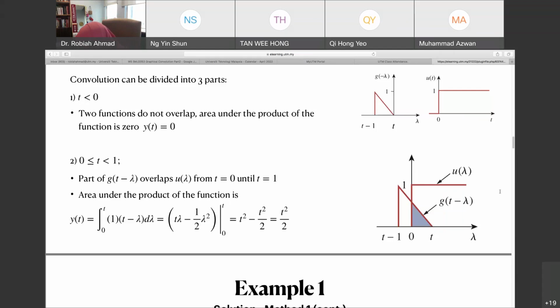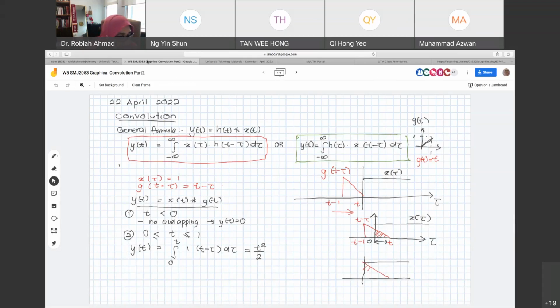So this is when our signal will be fully overlapping. I'll move it a bit further. Anywhere is fine. So fully overlapping between t and t minus 1.